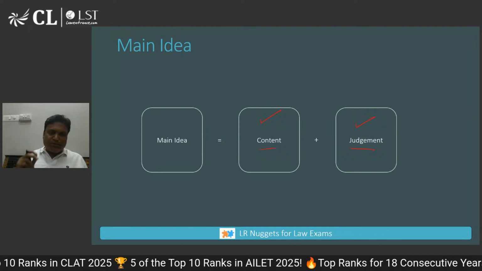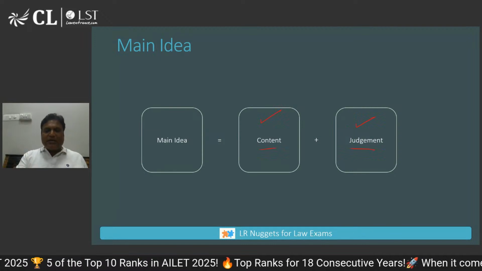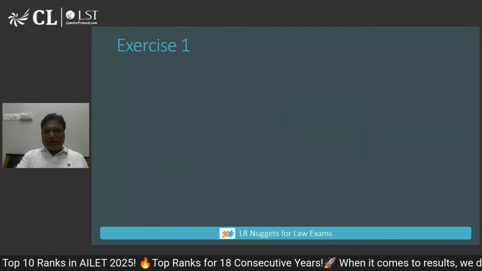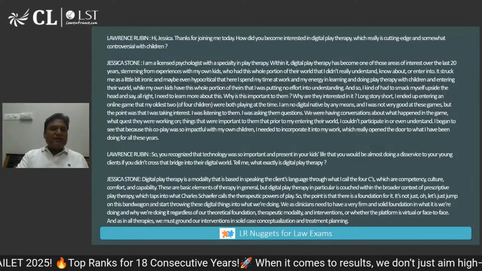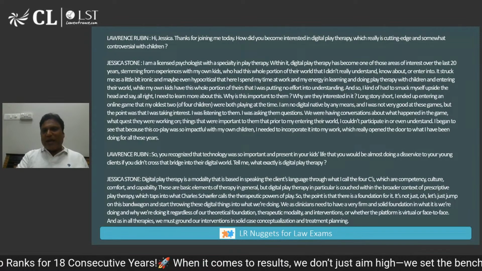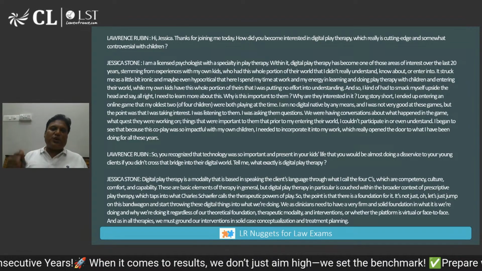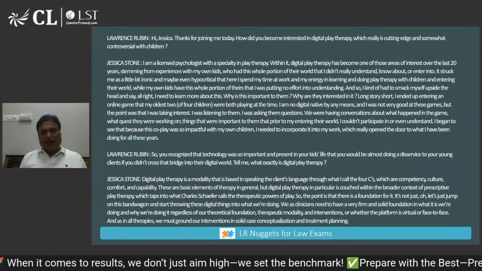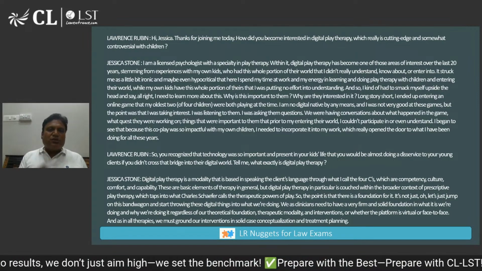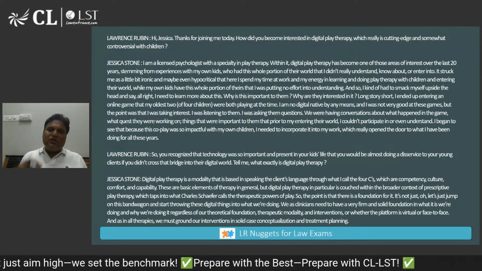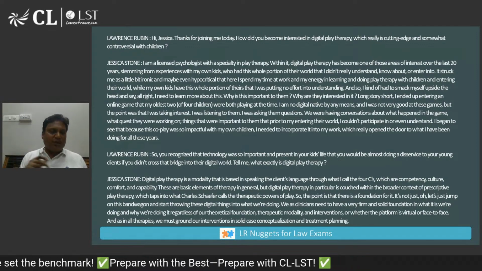Now let us go ahead and read a passage. So this is exercise number 1. This is, I think, last year's ELET passage, not this year's 25, it is the 24 passage. Read it. I am giving you 3 minutes to read, and then I will showcase how to identify the main idea.